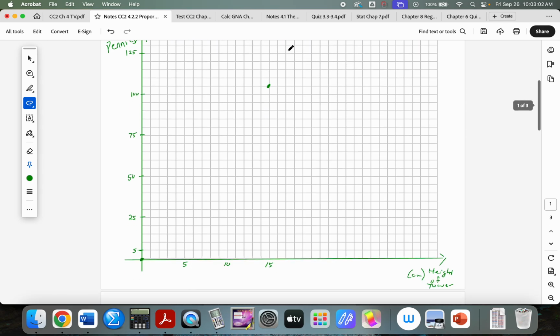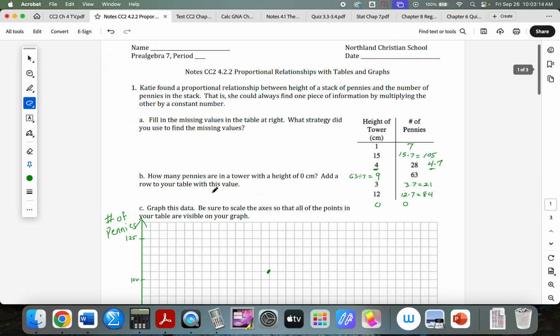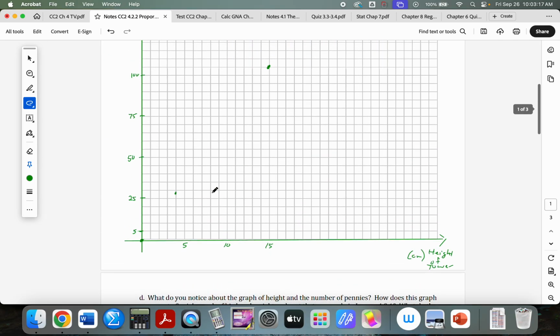So 4 is 28, 25, and that's 30, so 28 is right about there. And then 9, 63. 9 is here. That's 50, 55, 60, a little more than halfway up.